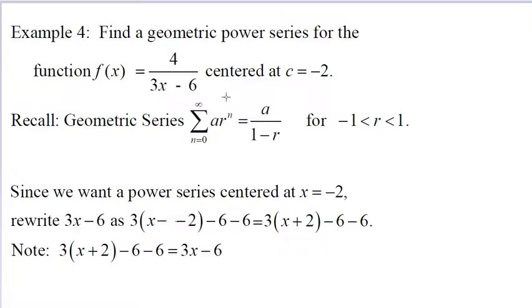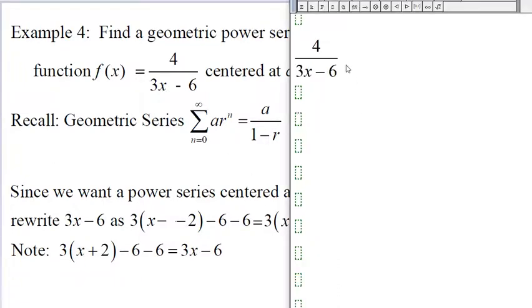And so if we want a power series representation centered at negative 2, then what we need to do is change this x right here to x minus negative 2. So here we have 4, and then if we insert a negative 2 in here, 3 times x minus negative 2, and then minus 6.